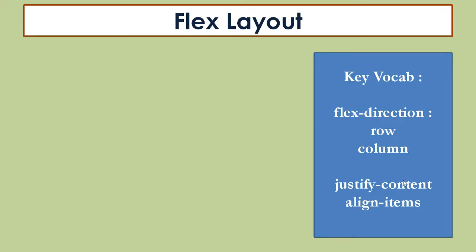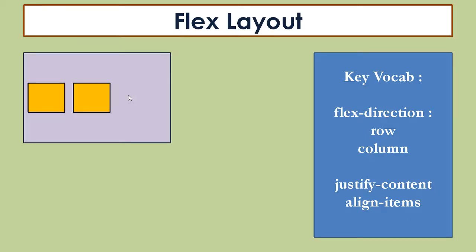This is telling us how we're going to organize the items or the boxes within our container, and then justify content and align items, which are ways to align the boxes within our container. So let's have a look at an example.